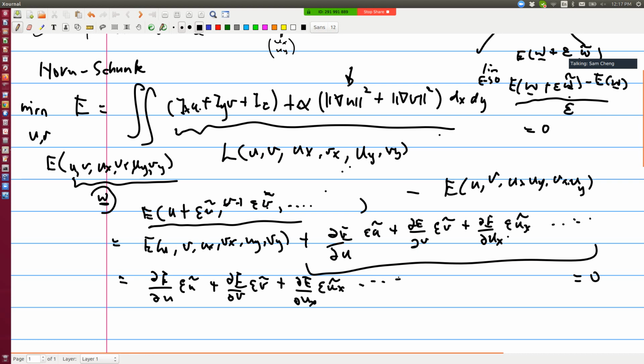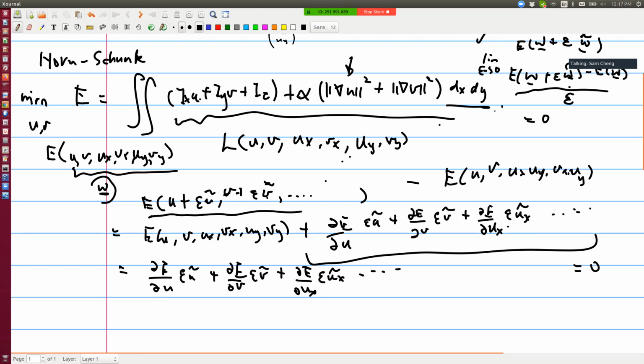And of course E is really the integral of this L over dx dy. And note that I'm integrating over dx dy, right? So my derivative here can go inside. I'm not integrating over u or something like that. I'm integrating over some other variables, some dummy variables. So my derivative can get inside.